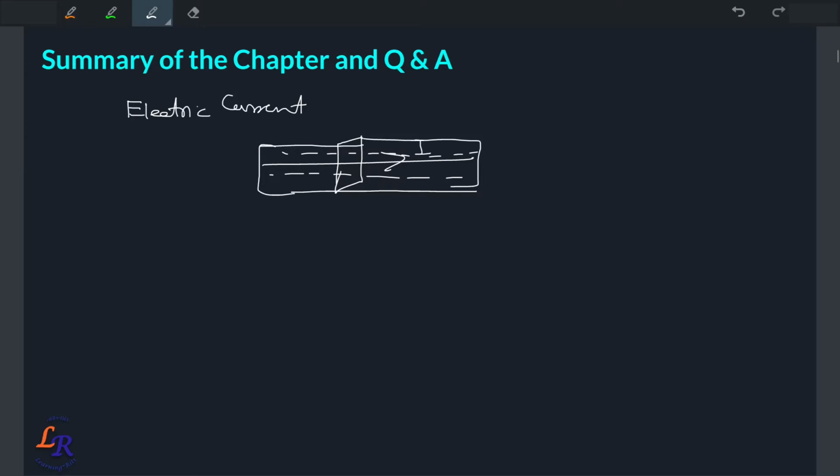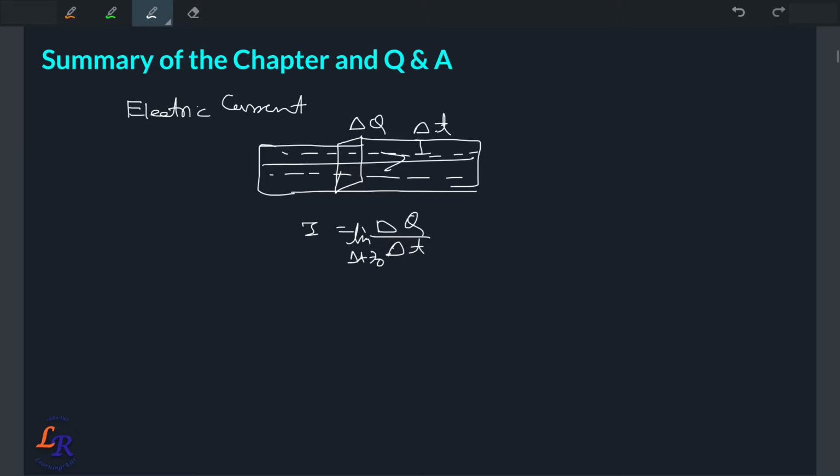If in delta t time the total charge crossing this cross section is delta q, then the current is delta q by delta t, where delta t tends to 0.